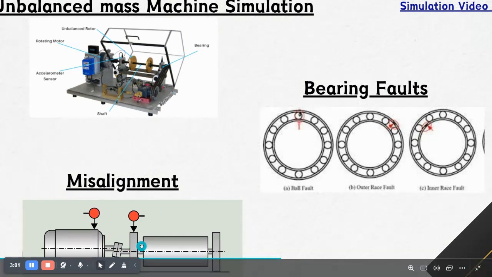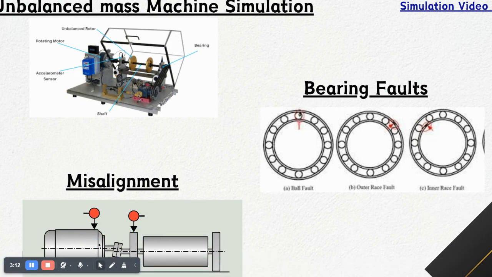They are not at the same level. I have misaligned the rod now. This misalignment will produce some vibrations and amplitude in the machine, which causes damage to the machine. This is the second type of fault which may occur in our system.